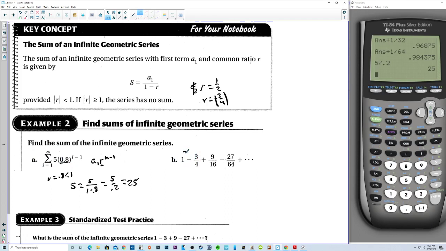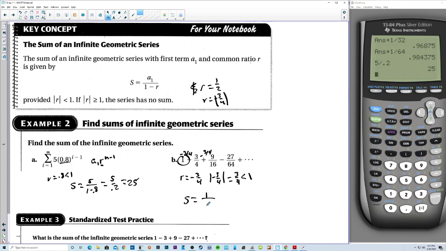Letter B, looks like we're multiplying by actually -3/4. So r is equal to -3/4, and the absolute value of -3/4, which is 3/4, is less than 1. So the absolute value of our r is less than 1, which means we have an infinite geometric sum. The sum is equal to a sub 1. The first term is 1.